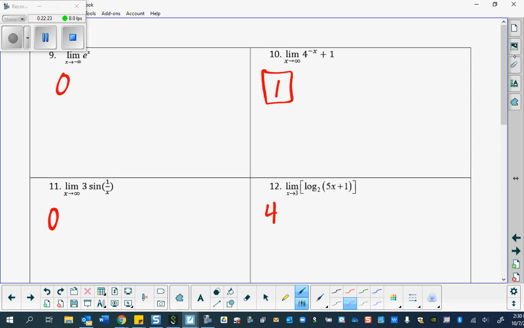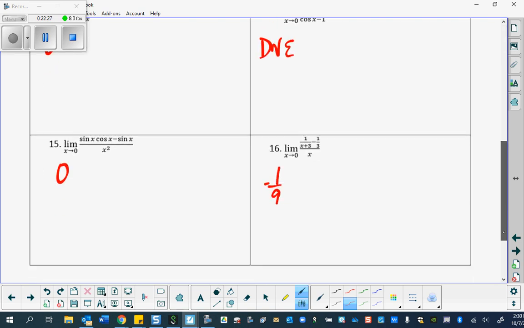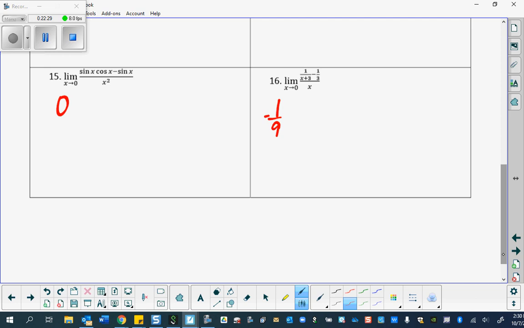All right. 16. He says, as x approaches 0, Anthony, step number 1, I have 1 over 0 plus 3 minus 1/3 all over 0.